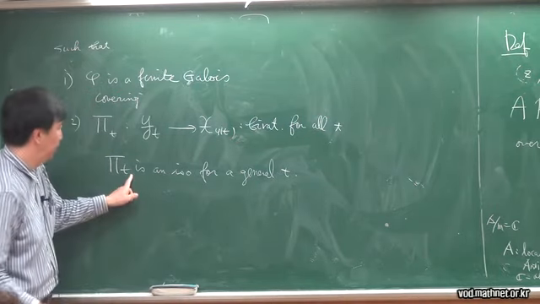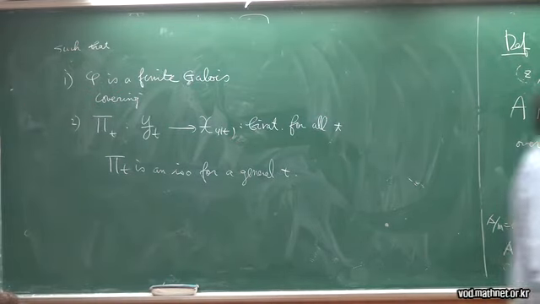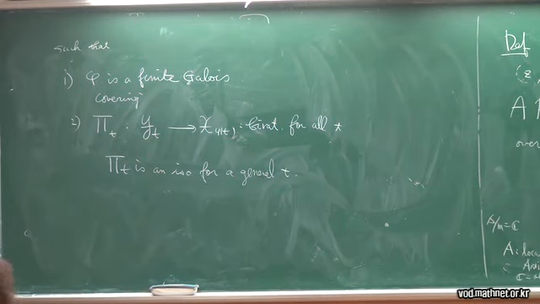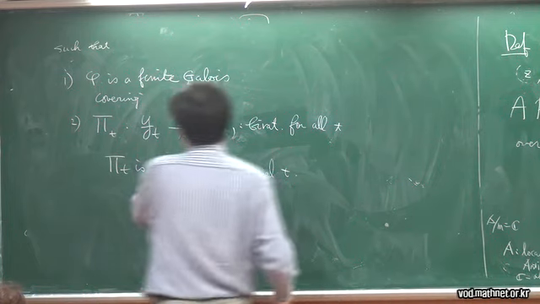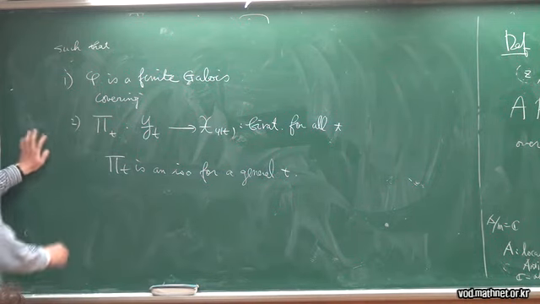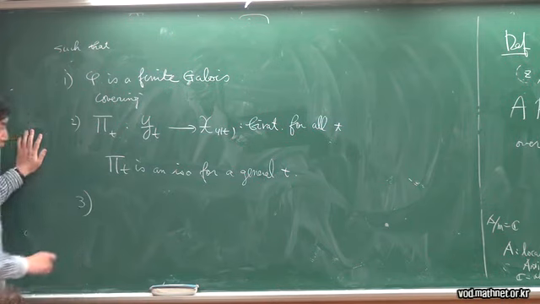Of course, if t is 0, this is nothing but the original Crepant partial resolution. It's not an isomorphism, but on the general fiber, pi becomes an isomorphism. This is the meaning of the second statement.